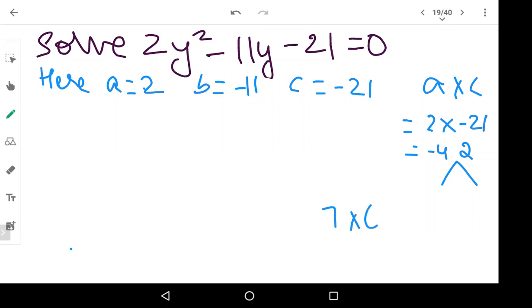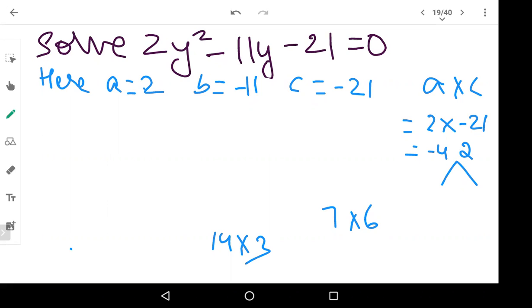Seven into 6 you will get. But 7 and 6 is not 11, no, Bindu. If you add 7 and 6, you don't get 11. You will get 14 into 3. That is also 42.